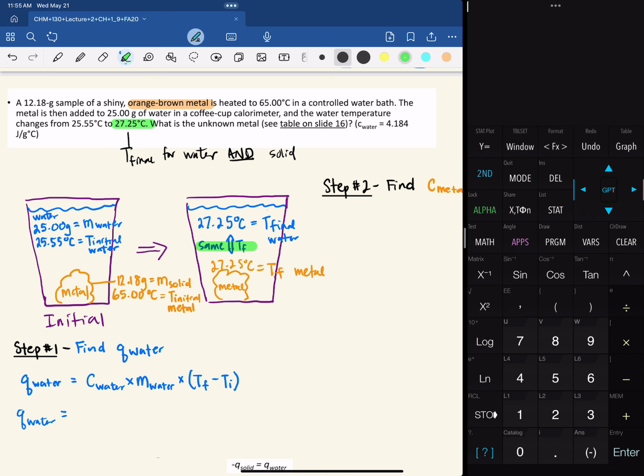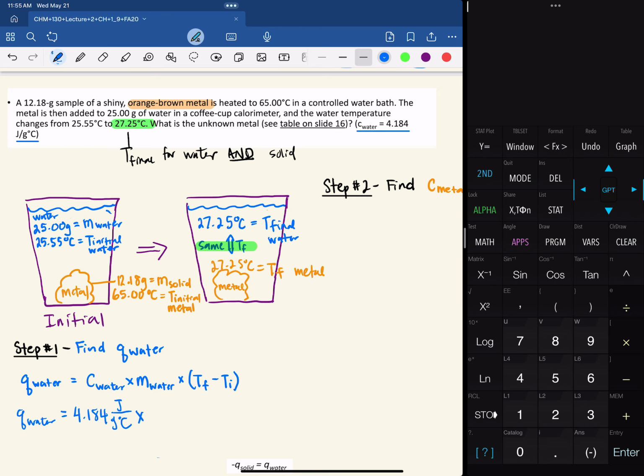All right, remember step one is to calculate Q for the water. So Q for the water is going to be C of the water, which is 4.184 joules per gram degrees Celsius. That was given to us in that last little number there, seawater, okay, 4.184 times the mass of the water.